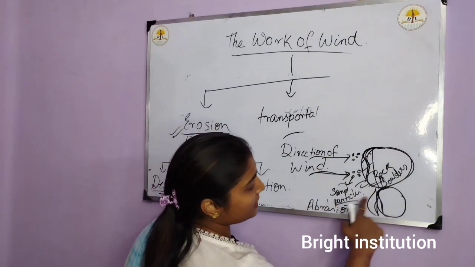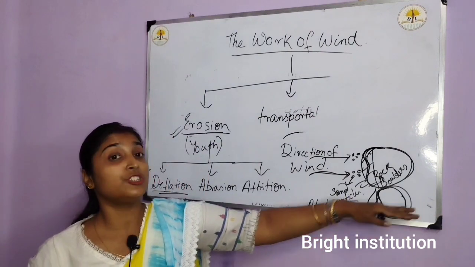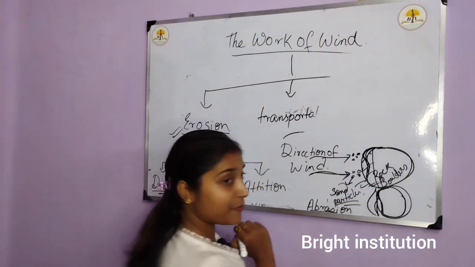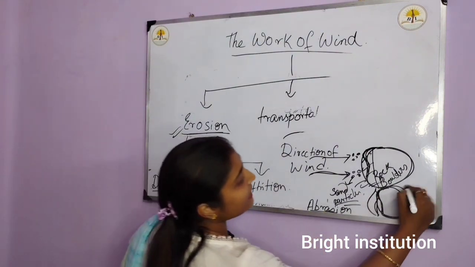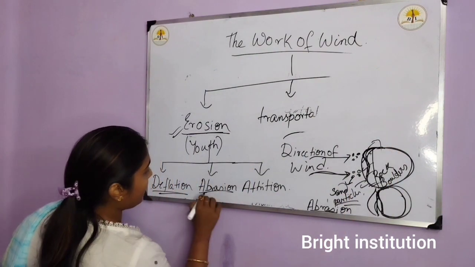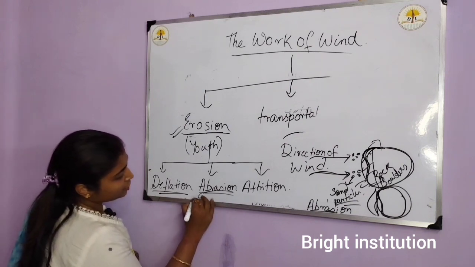That's why this part is getting much more polished and becoming much gentler compared to the uneven one. So this is the process of abrasion. Next, you will see the abrasion in the lower part of any kind of landform that is formed. For example, the abrasion action is much more dominant in the Sahara Desert.